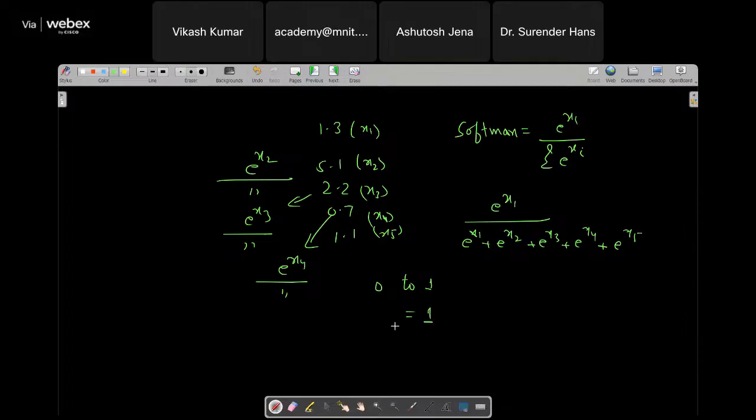So let's say the softmax outputs are 0.02, 0.90, 0.05, 0.1 and 0.02. This one is a 2% probability that it belongs to class 1. It's a 90% probability that it belongs to the class of, let's say, dog. This one is a 5% probability that it belongs to, let's say, cat.